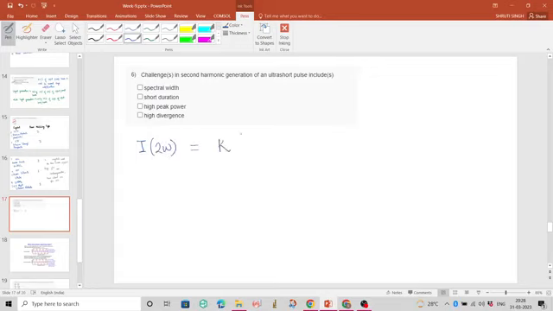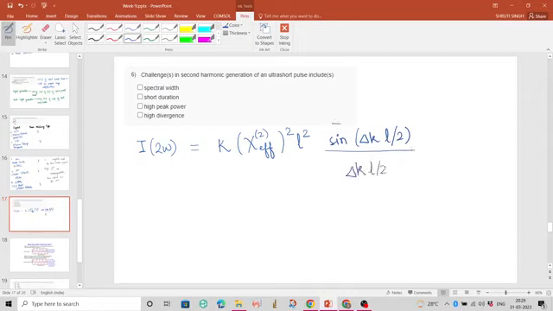It is given by K. This is the intensity of the second harmonic which we get.